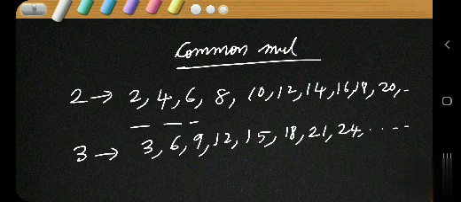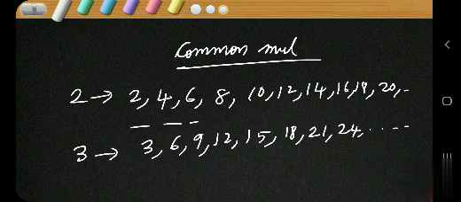So, the multiples of 2 are 2, 4, 6, 8, 10, etc. Multiples of 3 are 3, 6, 9, 12, etc. Among the multiples of 2 and 3, can you find any common multiples? Can you find a multiple which is there among the multiples of 2 and also among the multiples of 3?